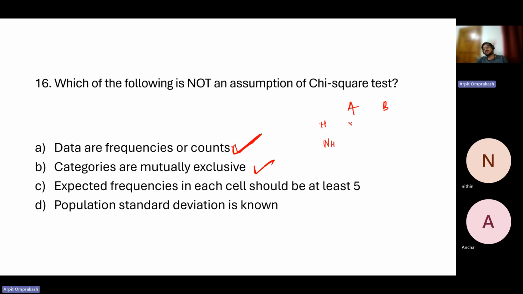So this is some number, this is some number, and so on. These need to be mutually exclusive. Once you are in one category, you can't be in the other. Otherwise, our assumptions are not valid. The third is expected frequencies in each cell should be at least 5. Actually, that is also an assumption of chi-square test. The fourth one is population standard deviation is known. This is not an assumption of chi-square, so this is false. Right.